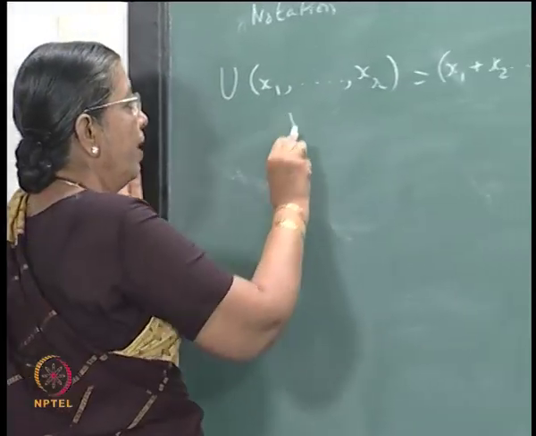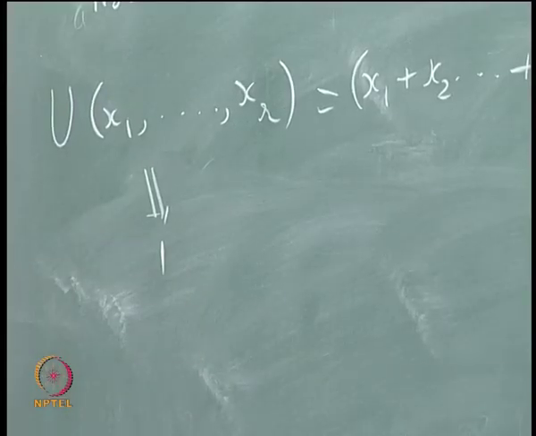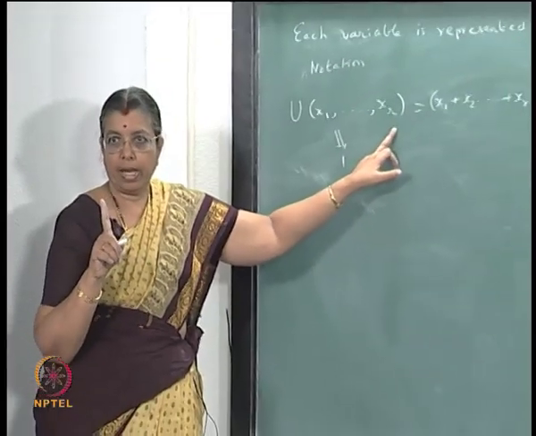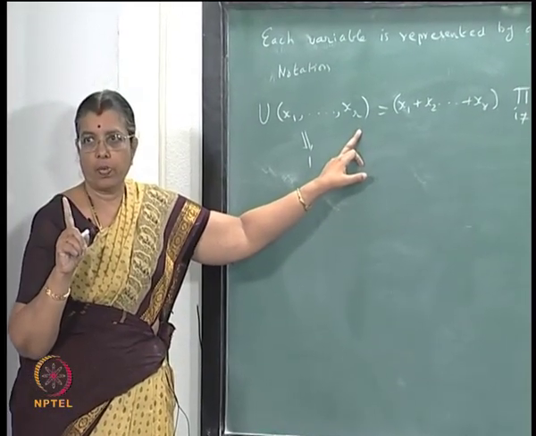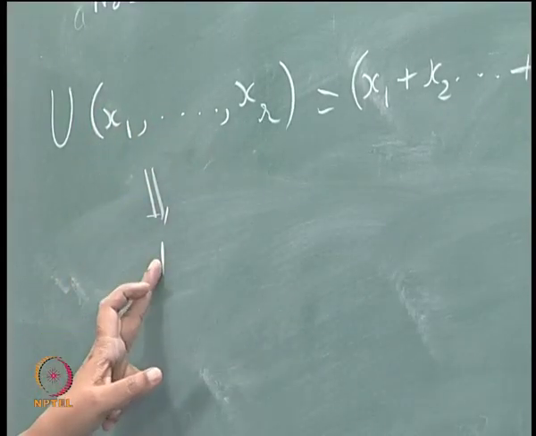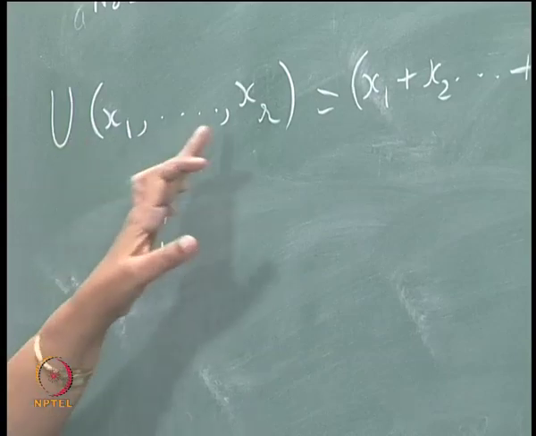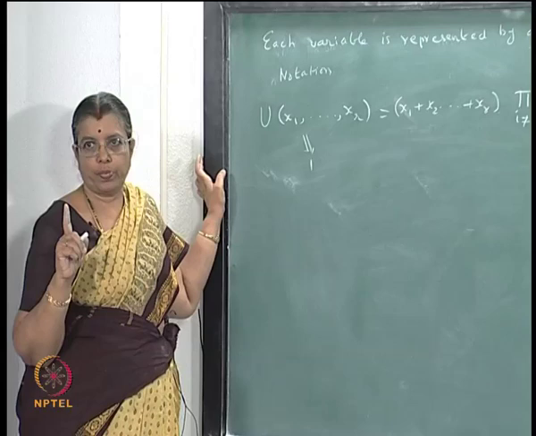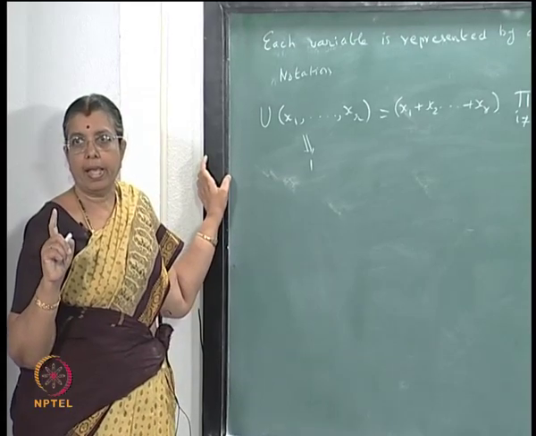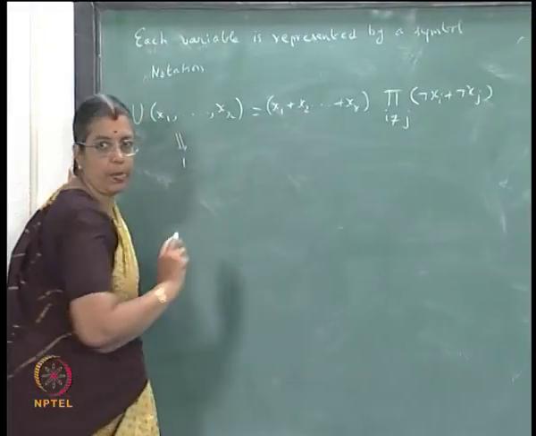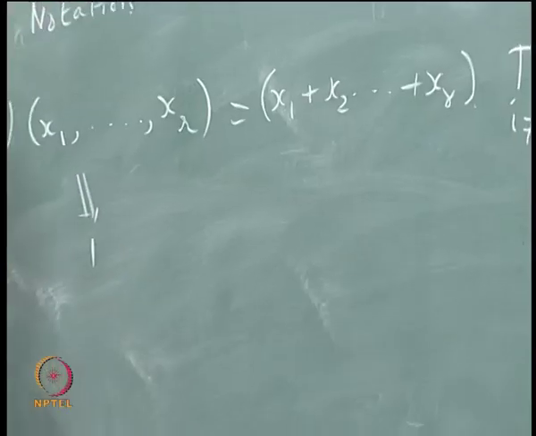Now, when will this take the value 1 or true? When exactly one of them is 1 and all the others are 0. If none of them are 1, it will take the value 0. If two of them are 1, it will also take the value 0. Why? If none of them is 1, all are 0, so this factor will be 0 and the total expression will be 0.